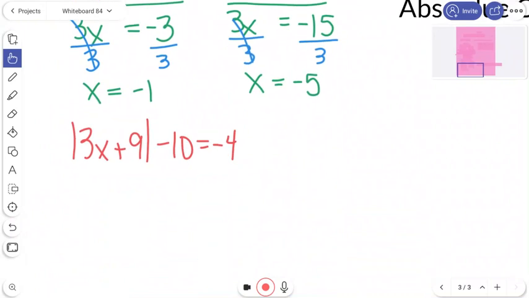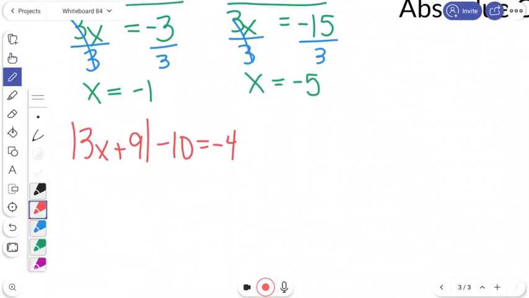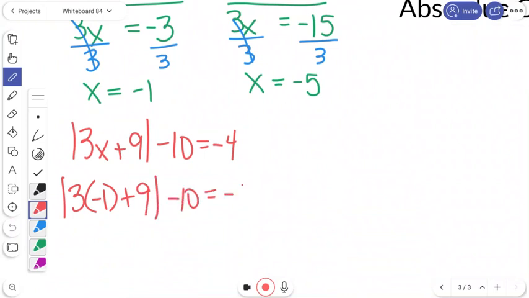So let's sub in our two answers that we came up with. The absolute value of 3 times x, but instead of x, we're subbing in negative 1, plus 9 minus 10 should equal negative 4. Well, what is 3 times negative 1? That gives us negative 3. Negative 3 plus 9 gives us 6.